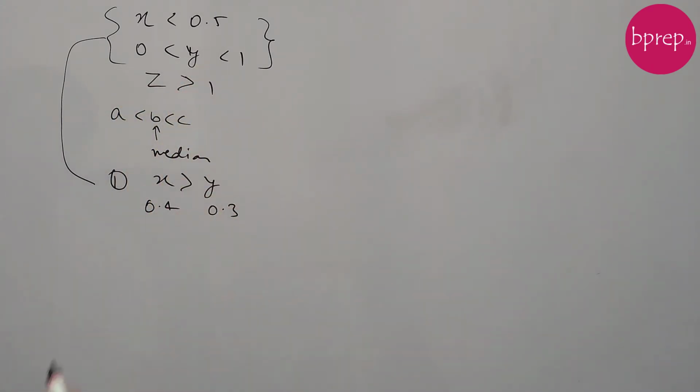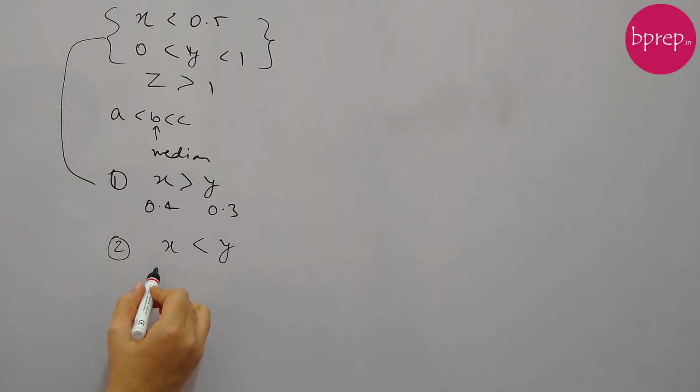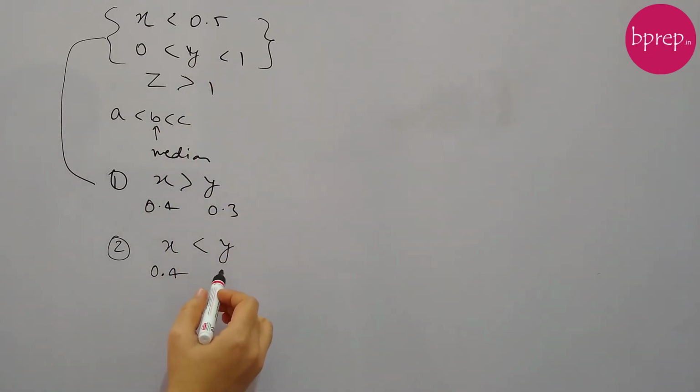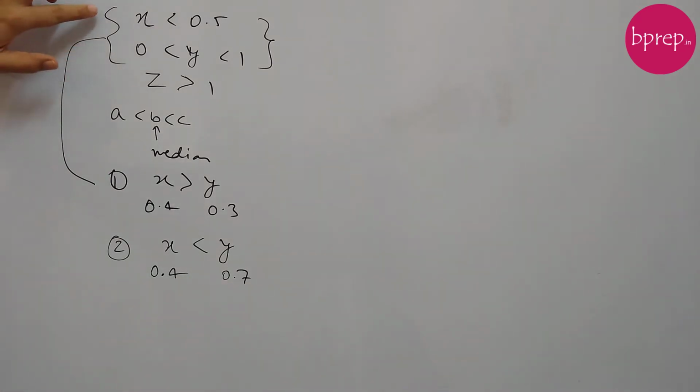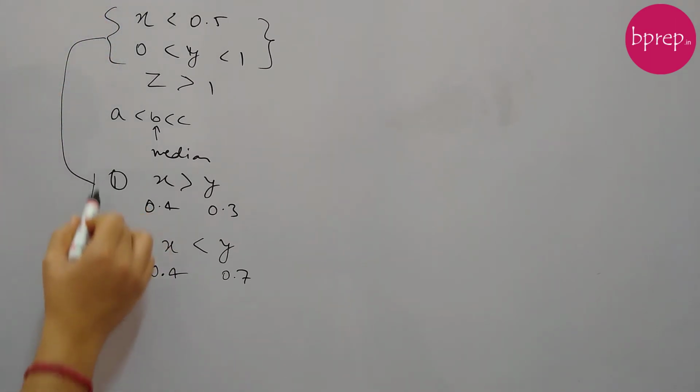There could be another condition in which x is less than y. Here, x is 0.5 or 0.4, let's say, and the maximum value of y is 1. So if y is, let's say, 0.7 or 0.8, then y is greater than x. So these two conditions are possible, 1 and 2.